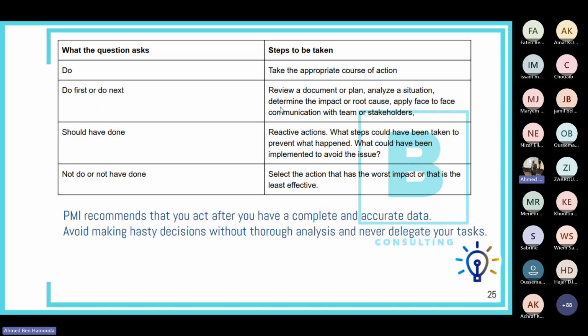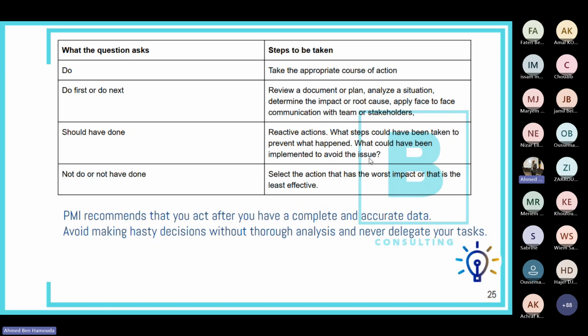Okay. If the question asks you what should the project manager have done, for example, to avoid the situation, then here we're talking about a reactive action. So the question is asking you what steps could have been taken to avoid what happened, to prevent it from happening, or what could have been implemented to avoid the issue.